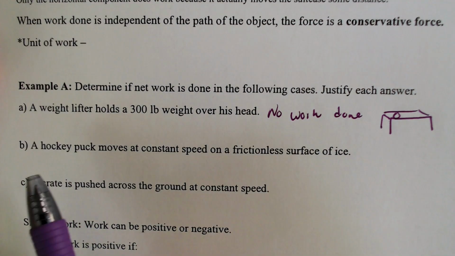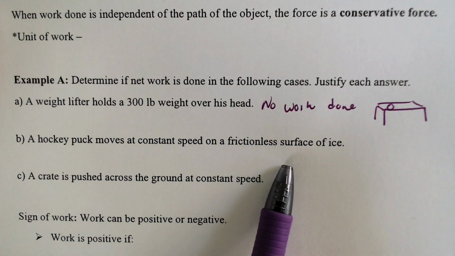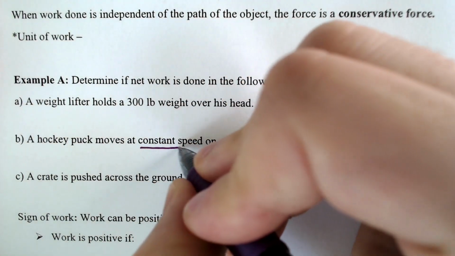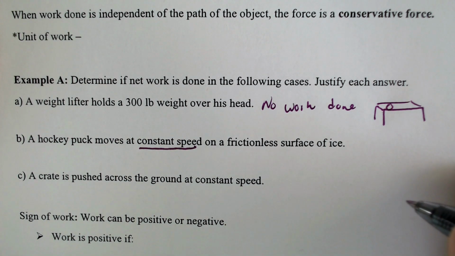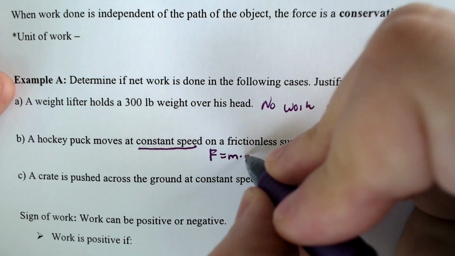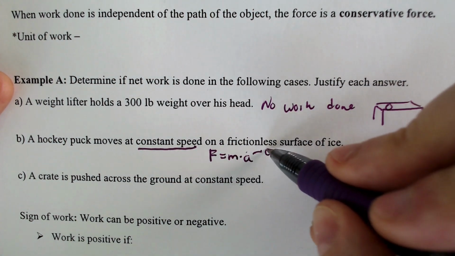All right? What about a hockey puck that is moving at a constant speed on a frictionless ice surface? Well, here the key word is constant speed. And if you remember correctly, force is equal to mass times acceleration, and if it's a constant speed, there is no acceleration.